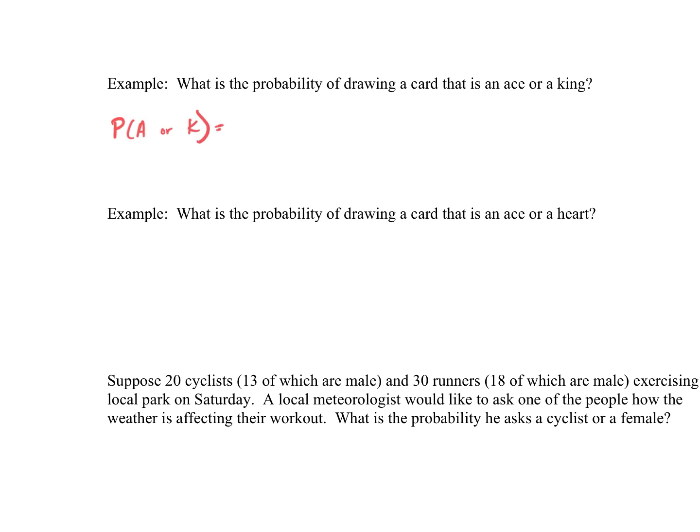So if you're somebody that likes to have a set of rules to follow, this is when, before I did anything else, I would write down the rule: the probability of A plus the probability of K minus the probability of A and K. I would go to my formula sheet and see what the rule is and go from there.